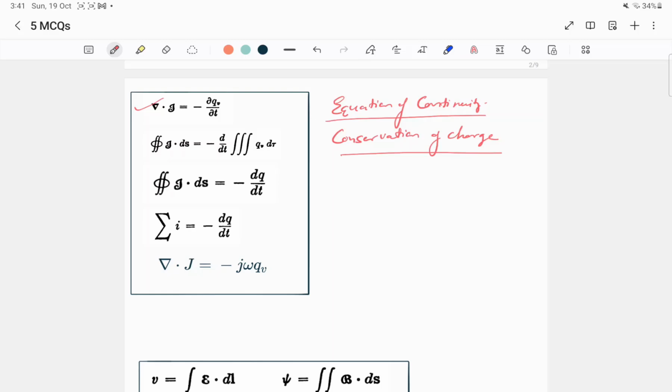This equation can also be written in different forms: the first one is written in differential form, this is in integral form, this is in mixed form, this one is in circuit form, and this is in complex form.